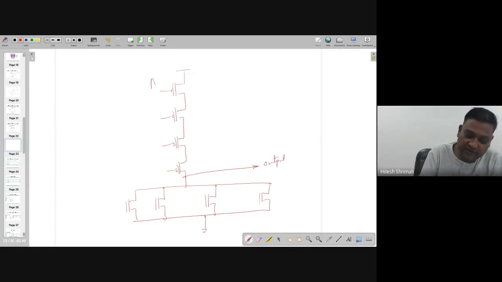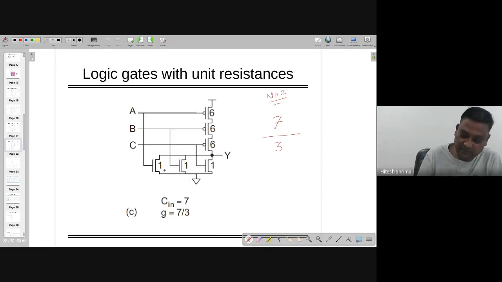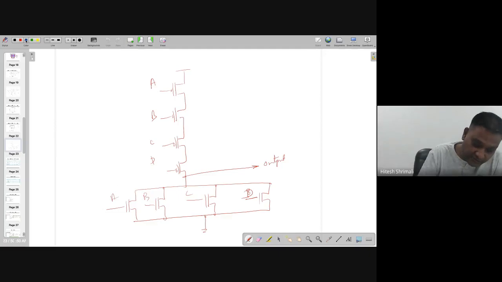So for a 4 input gate, A, B, C, D are the inputs. So ratio wise, this side, as we have seen here, all were 1 because we want the ratio on this side to be 1, but all are in parallel, so we are going to keep it 1.